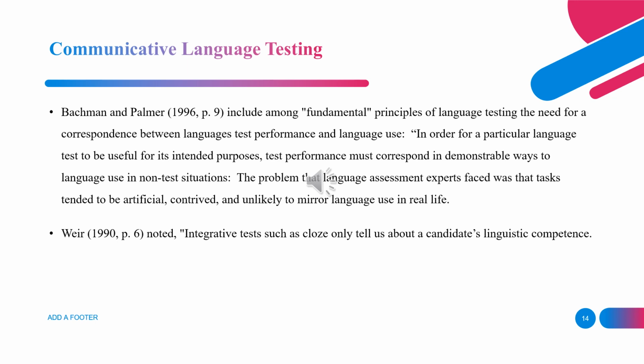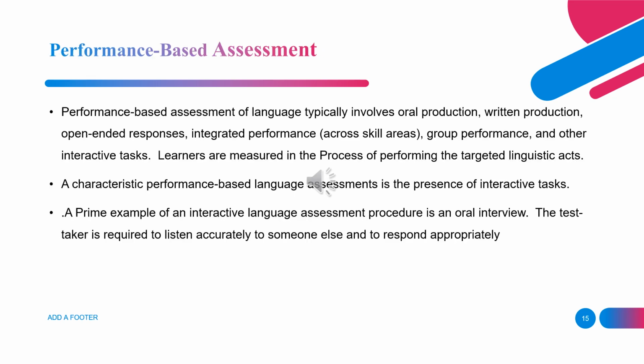The problem that language assessment experts faced was that tasks tended to be artificial, contrived, and unlikely to mirror language use in real life. Weir in 1990, page 6, noted that integrative tests such as cloze only tell us about a candidate's linguistic competence.